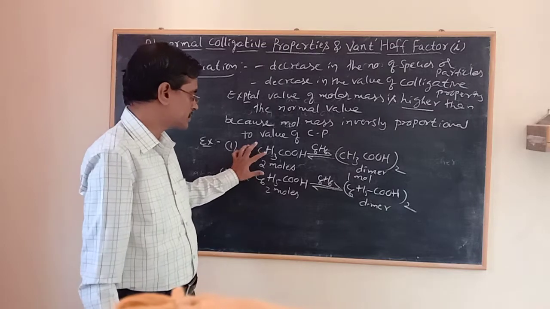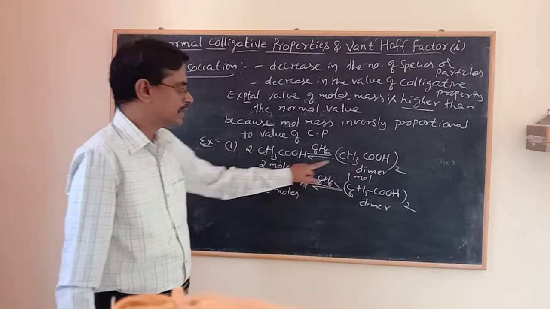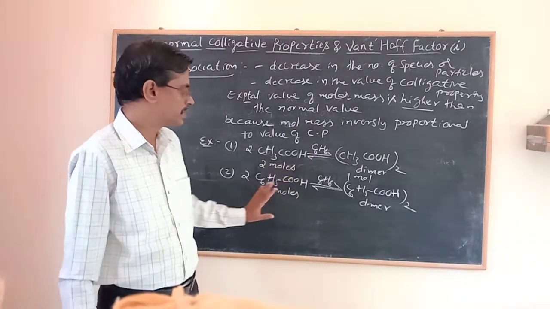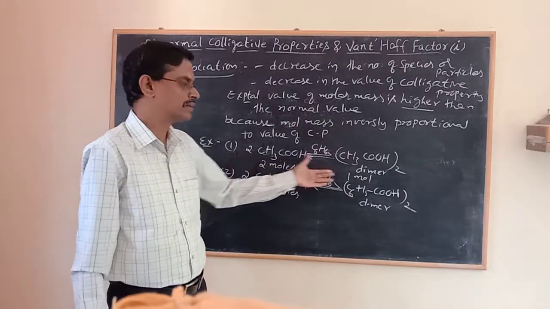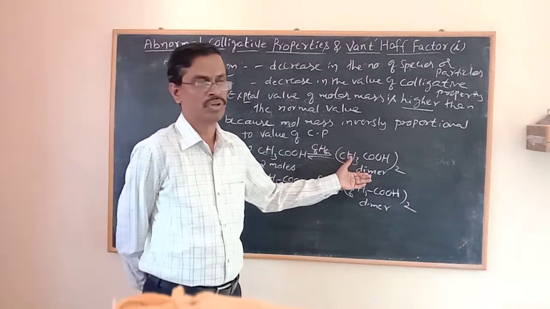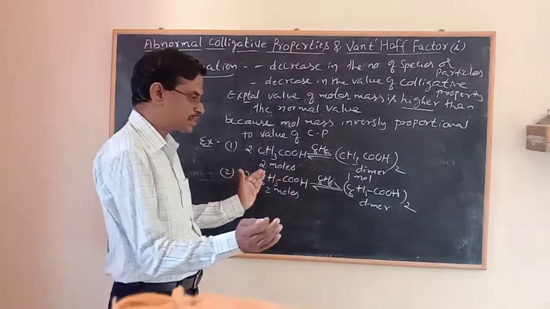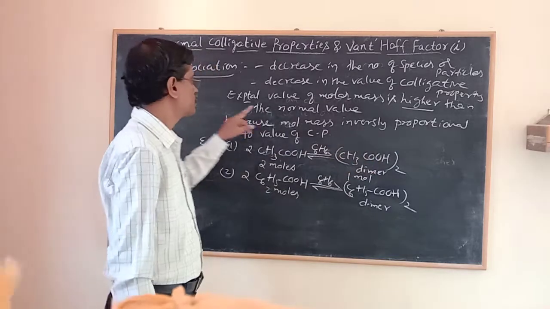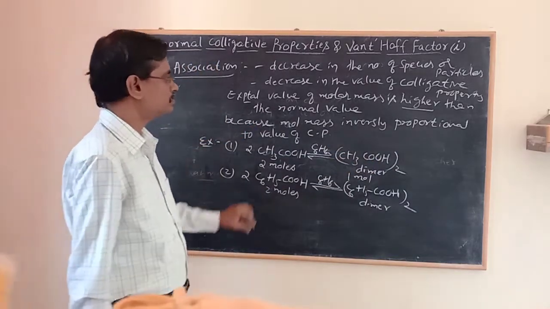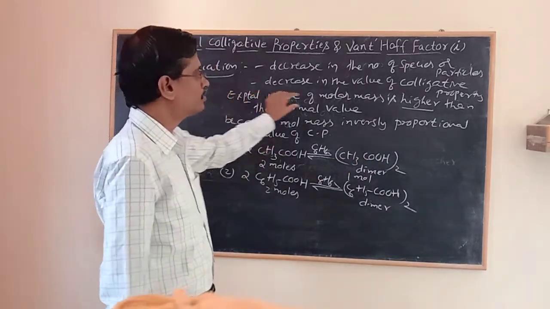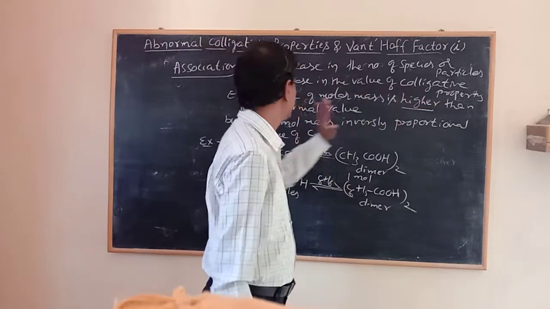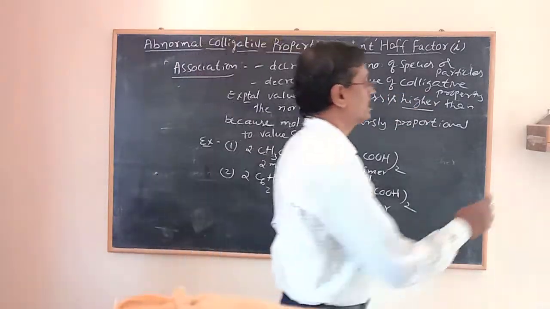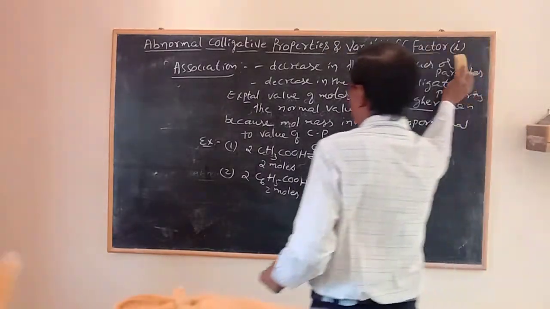Both acetic acid and benzoic acid give dimers in the presence of benzene. In these cases 2 moles are taken, but we are getting only 1 mole. So this is the association of molecules, associating to give the dimer. In this case, the experimental value of the molar mass is always higher than the normal value. So this is about association. Then we will discuss dissociation now.